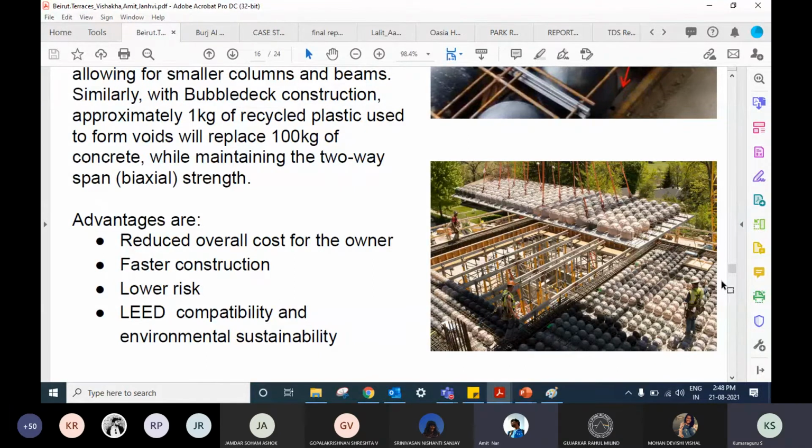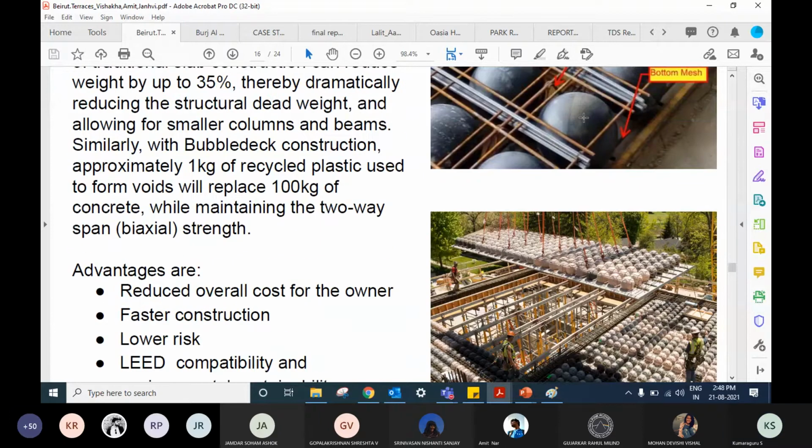Okay, yeah. So obviously, yes, reducing the weight, the dead load, is one of the things. Now we can do it by other methods, right? Instead of putting in these plastic bubbles in a wider slab, they can just reduce the cross-sectional depth itself, right?